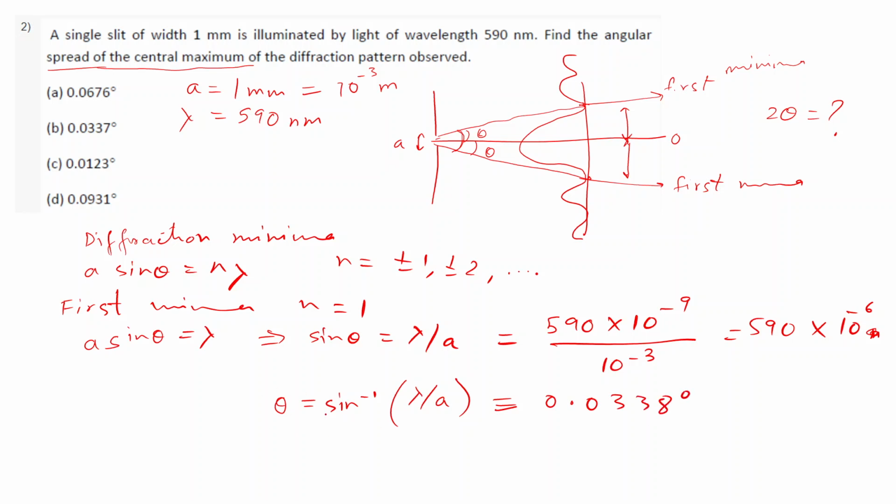Okay, so this is theta, and now I need to find out finally 2 theta, so it will be double of this. That means 2 times 0.0338, which will be 0.0676 degrees. So this is the angular spread of the central bright fringe. 0.0676, A is the correct option.